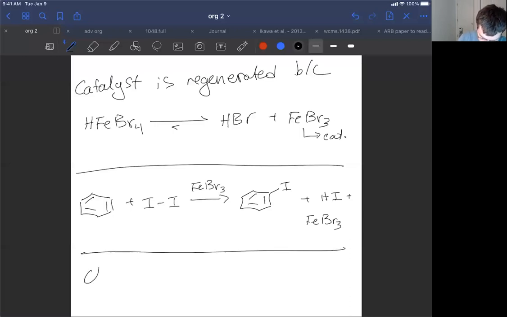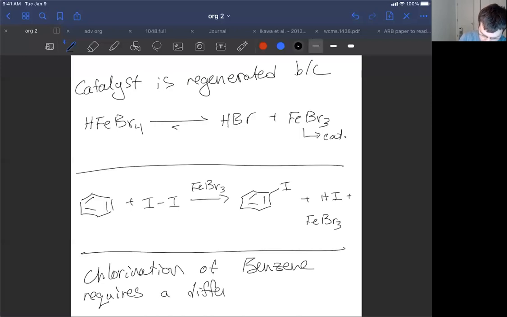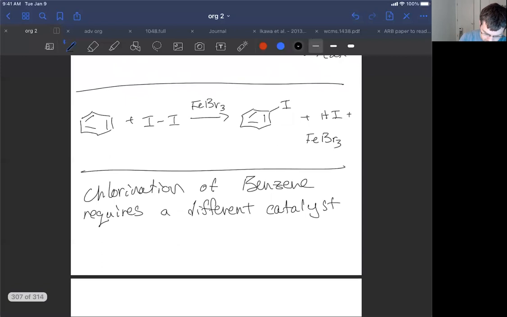So chlorination of benzene requires a different catalyst. And that catalyst is AlCl3, which is aluminum trichloride.